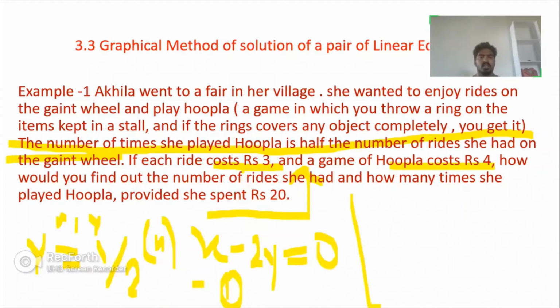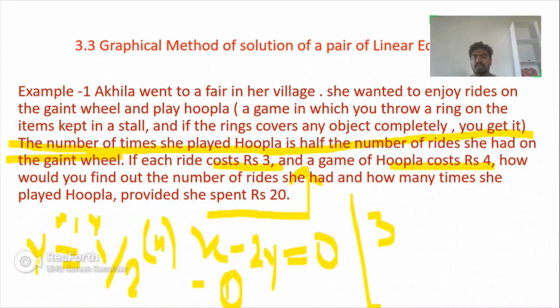By using the second piece of information, the cost of a giant wheel ride is ₹3 and the cost of a game of hoopla is ₹4, and they have clearly mentioned she spent a total of ₹20 by playing these two games.